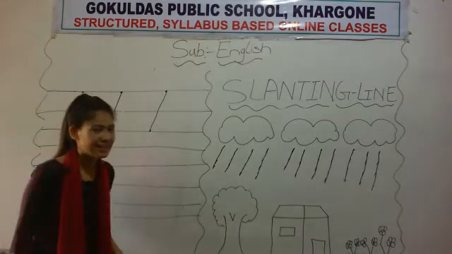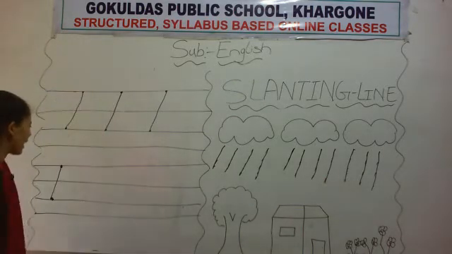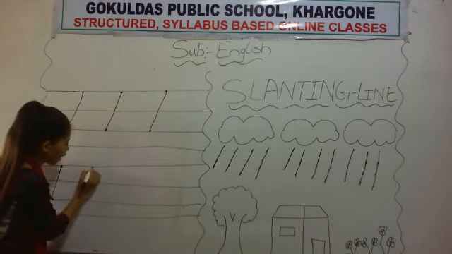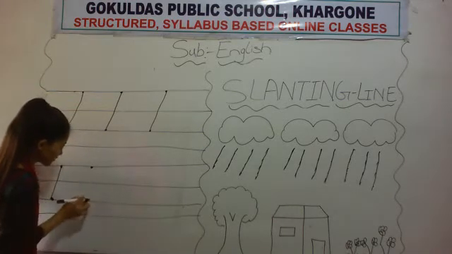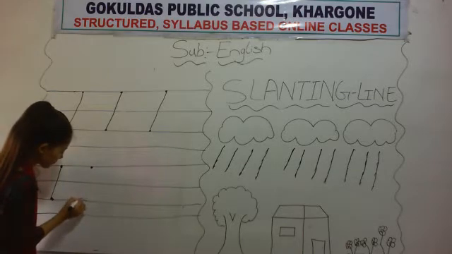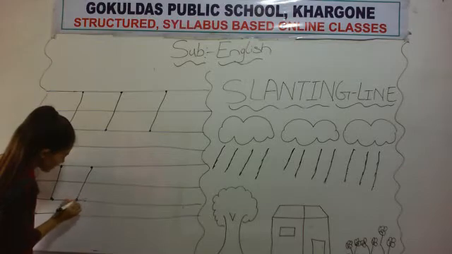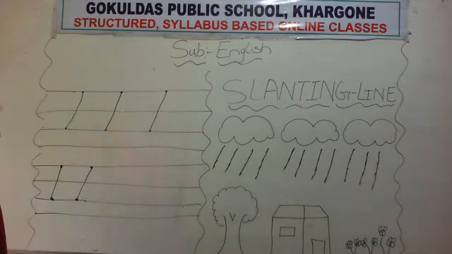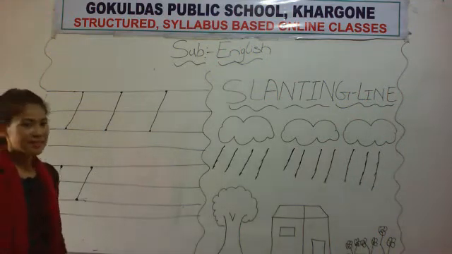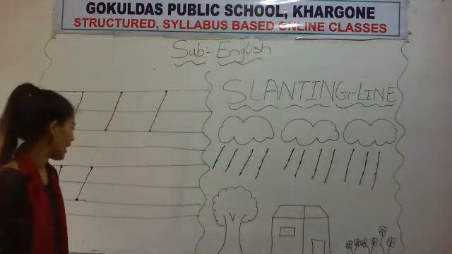Now make a dot. Now make a slanting line. Which line is this? This is slanting line.